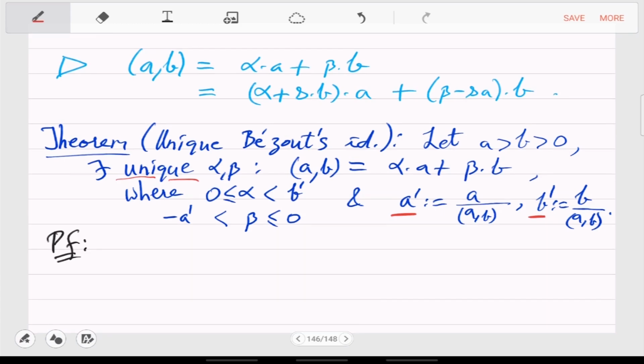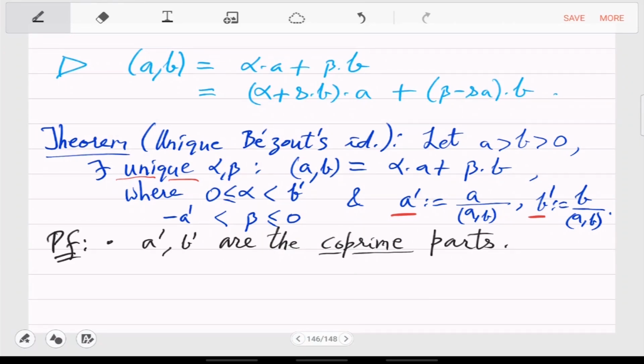Okay, so how do you prove this? So first you show that they exist. So a prime, b prime are the co-prime parts. Their GCD in particular is 1, and they respectively divide a and b.